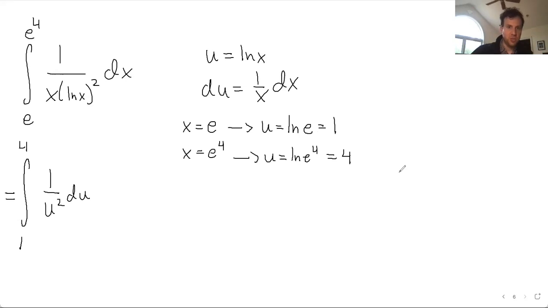All right, so in summary, if you want the same area from the definite integral, if you change the function, you have to use that same equation to change the numbers. But once you're here, you can say, well, this is a definite integral, let's do it. And so 1 over u squared, that's something we know how to integrate.